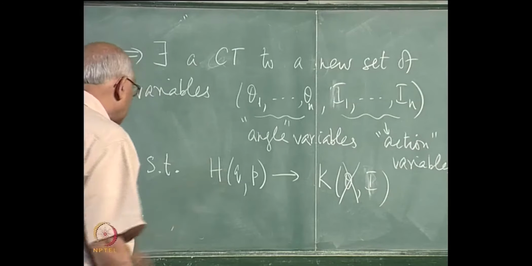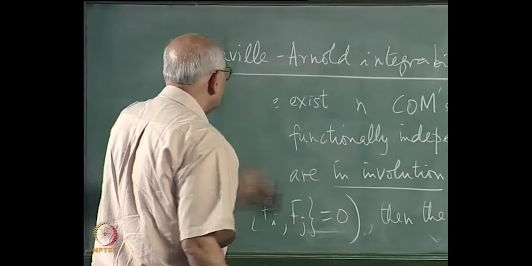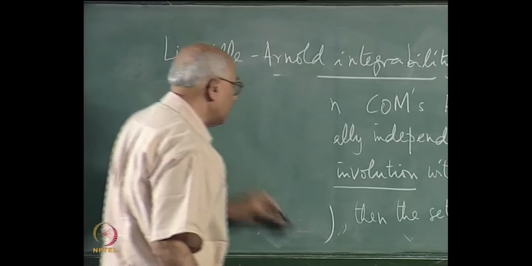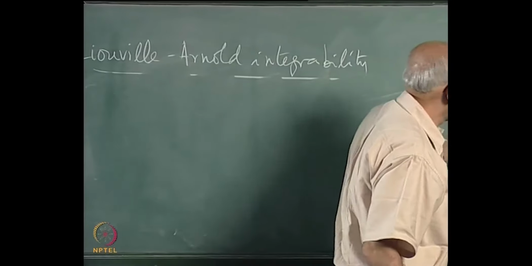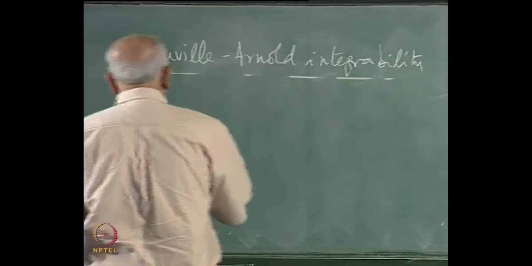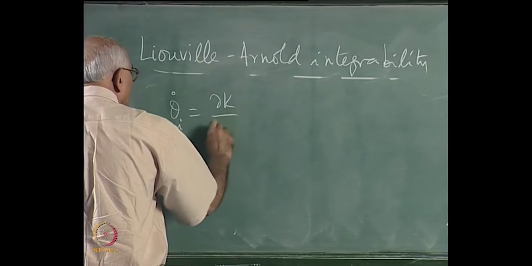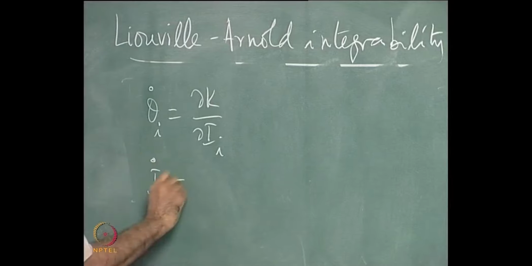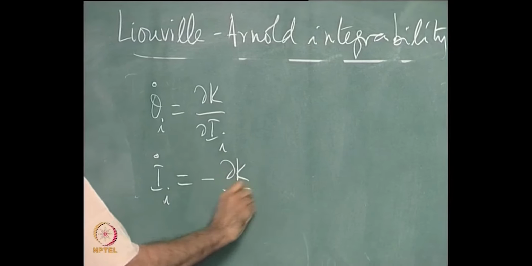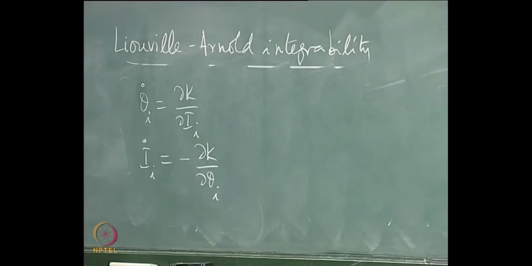What does that imply? If this magic happens, then Hamilton's equations in the new variables become theta i dot equals partial K over partial I i, and I i dot equals minus partial K over partial theta i, for each i from 1 to n.